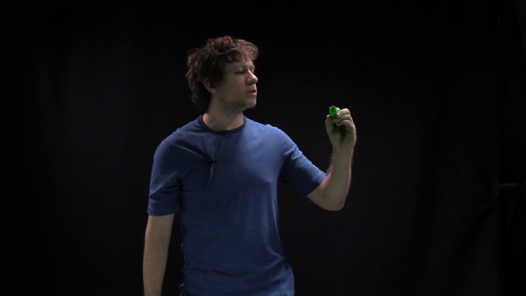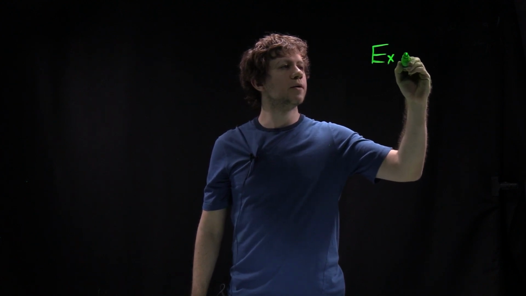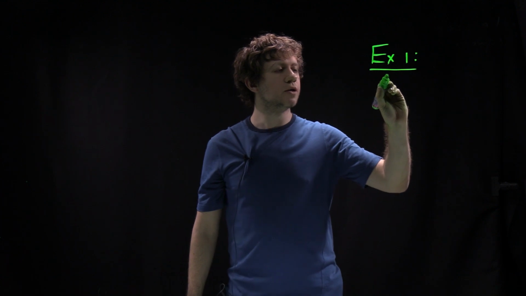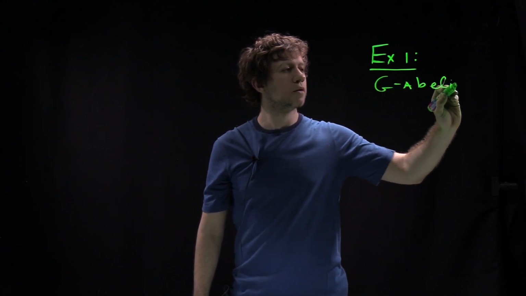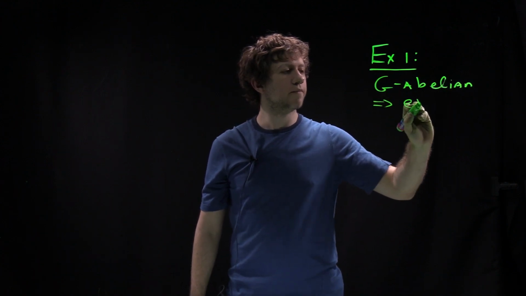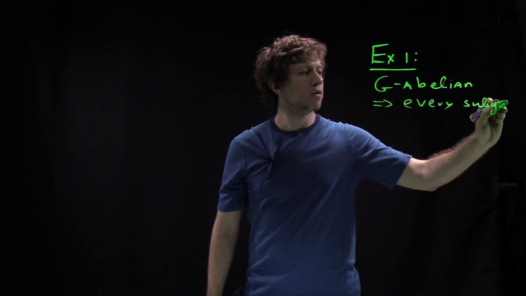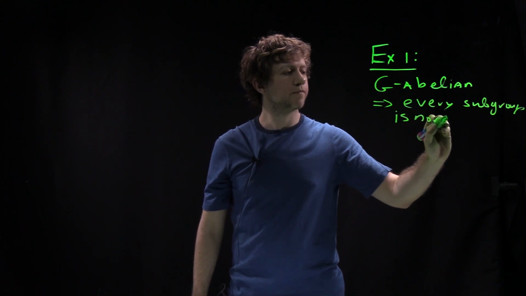Okay, so let's do some examples. Example number 1 is as follows. If G is abelian, then every subgroup is normal.